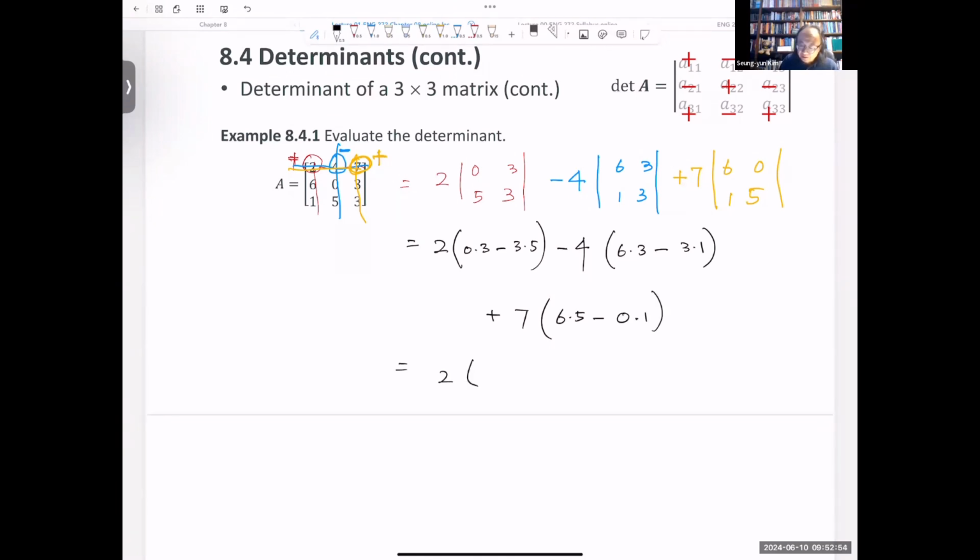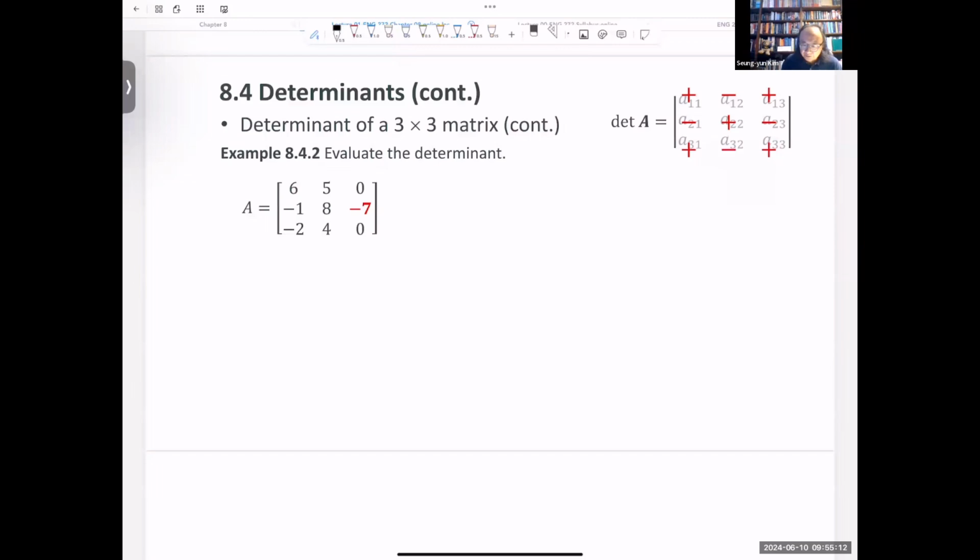That's 2 times 0 minus 15, minus 4 times 18 minus 3, which is 15, plus 7 times 30 minus 0, which is 30. That equals -30 minus 60 plus 210, which is -90, 120.